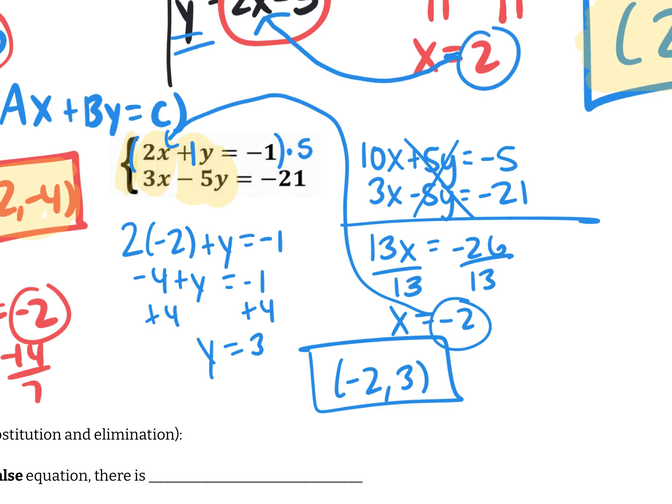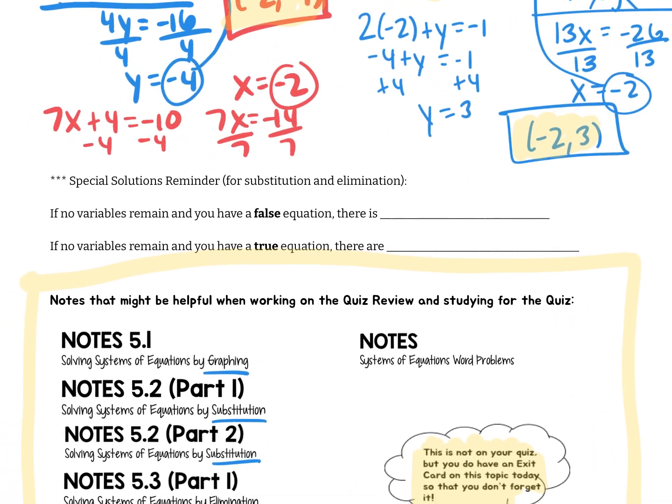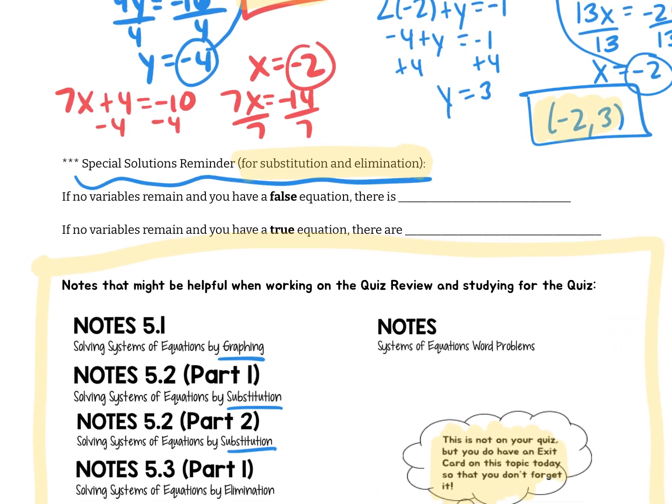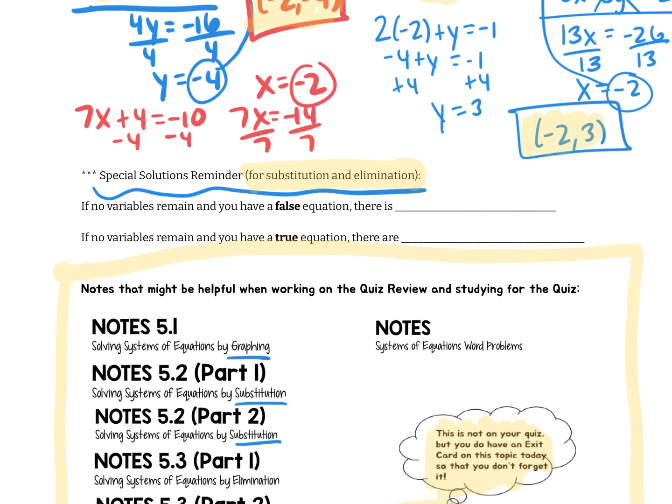Okay. Now just a quick reminder of Monday's lesson. So on Tuesday, we didn't have school this Monday. If you're doing substitution or elimination, sometimes special solutions exist. So when you're going through the process of either substitution or elimination, if the variables go away, and you have a false equation, then there's no solution.